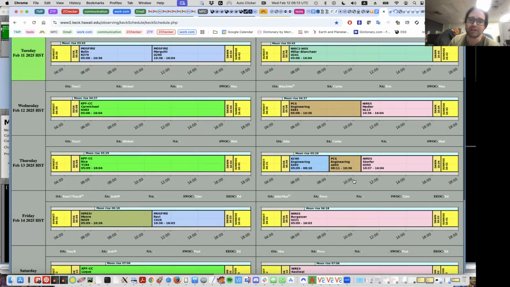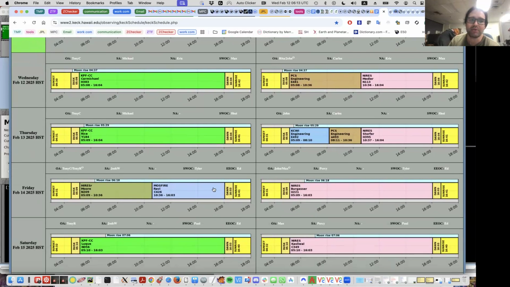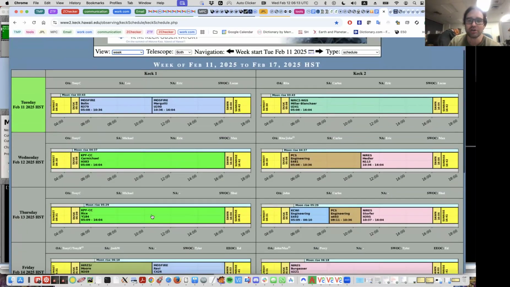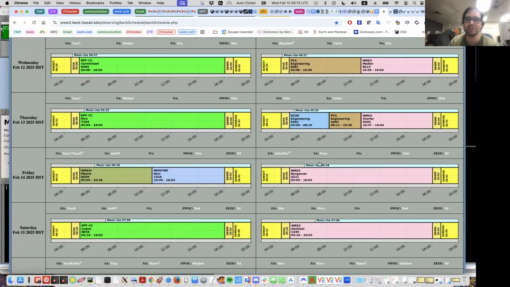KCWI is also an infrared spectrograph. So we're all in the infrared right now, except for these Keck I super high resolution spectrographs. They're looking at super bright targets, and they don't really care about the full moon. In general, during bright time, we like to have the infrared instruments on.